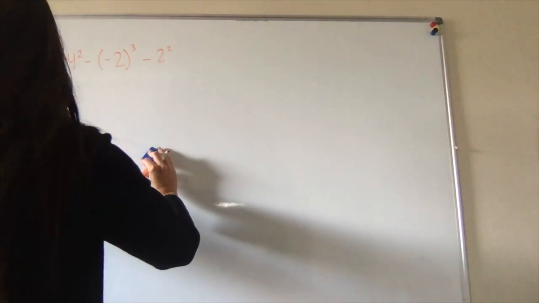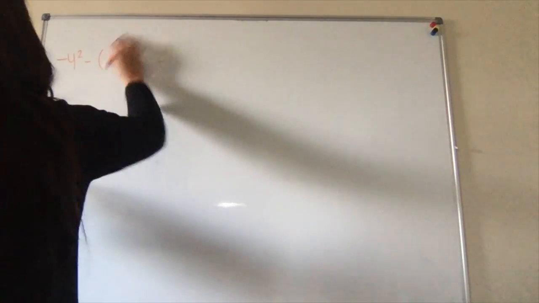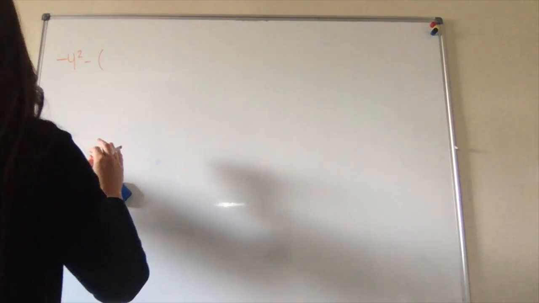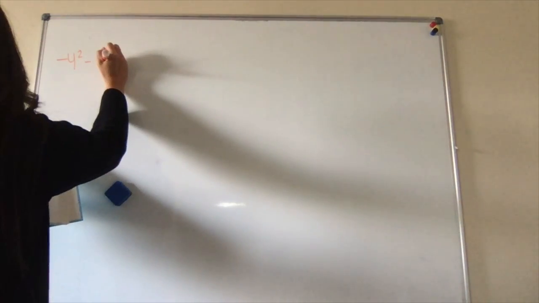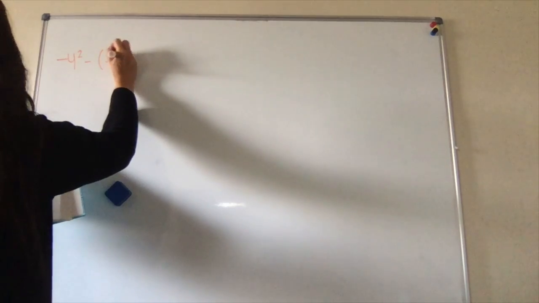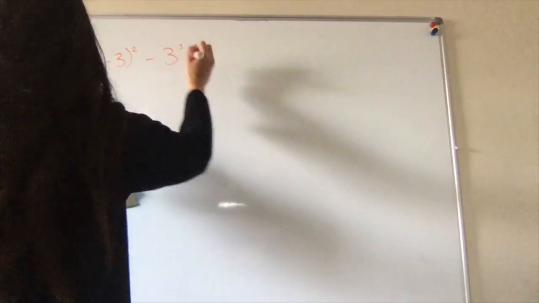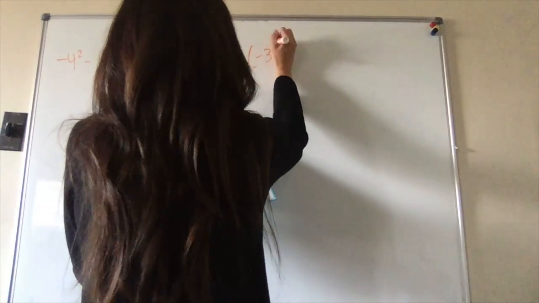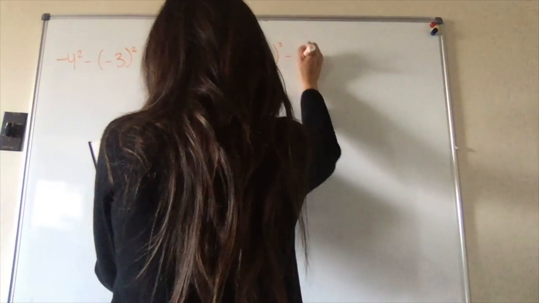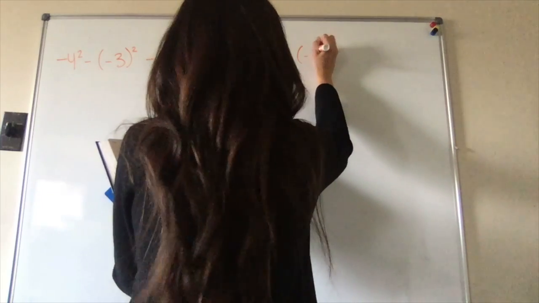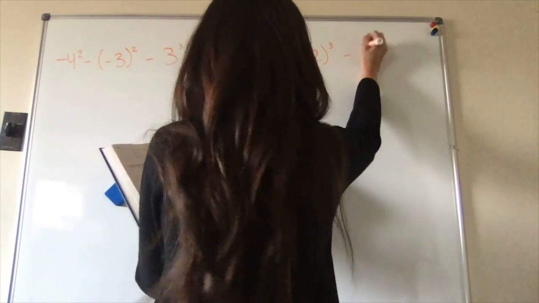Oh geez, I think I went between two different ones. Okay, so negative 4 squared minus negative 3 squared minus 3 cubed.